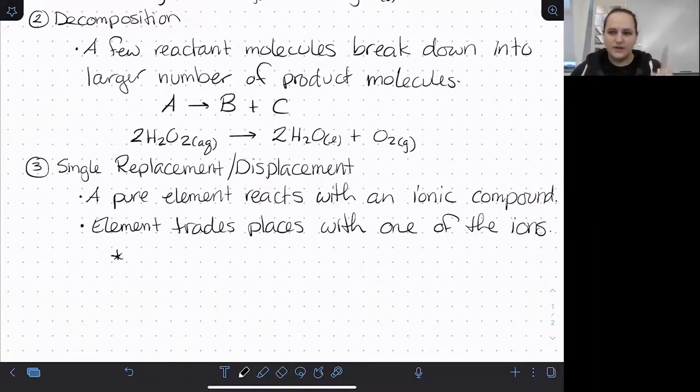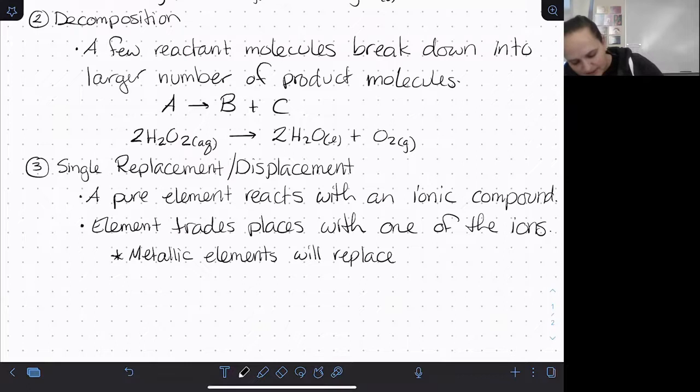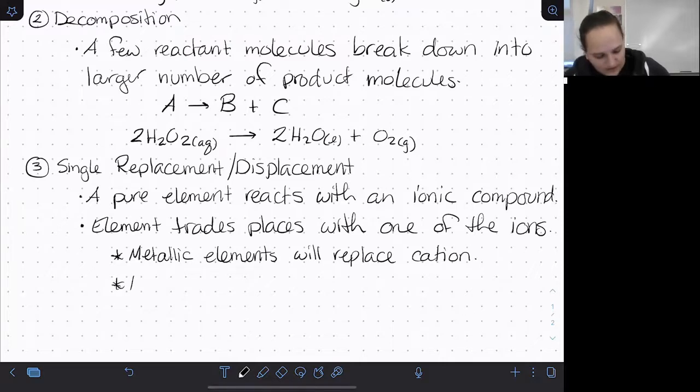Knowing which one is going to get replaced kind of depends on what your element is. So metals, metallic elements, will replace the cation, which should also be a metal, and non-metallic elements will replace the anion, which should also be a nonmetal.